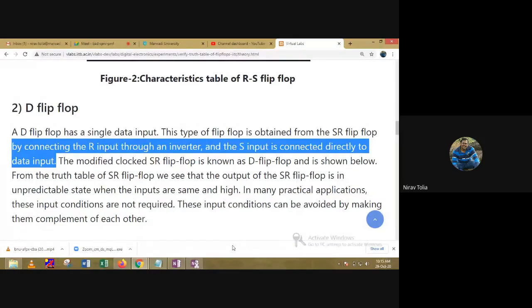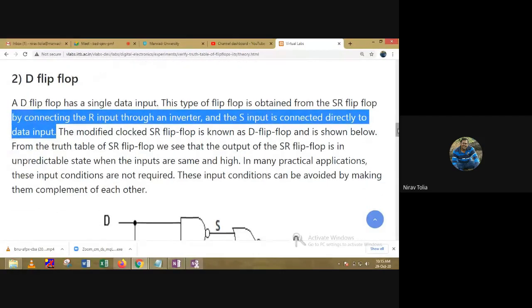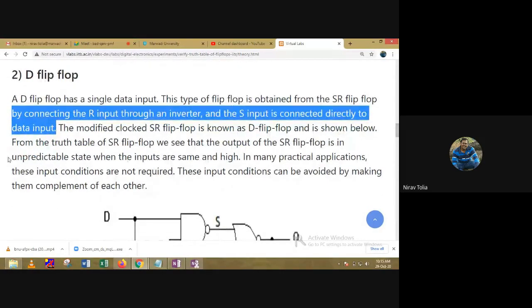You can see the D flip-flops are obtained from the SR flip-flop by connecting the R input through an inverter, and the S input is connected directly to the data input. So which states are not there?